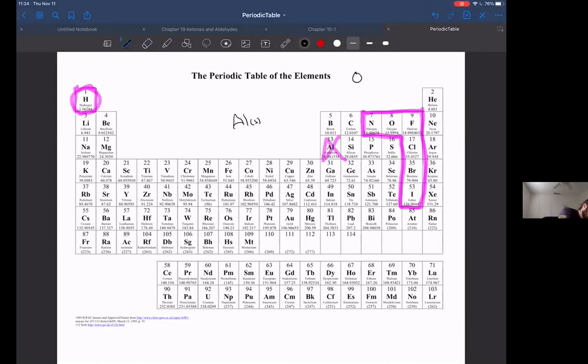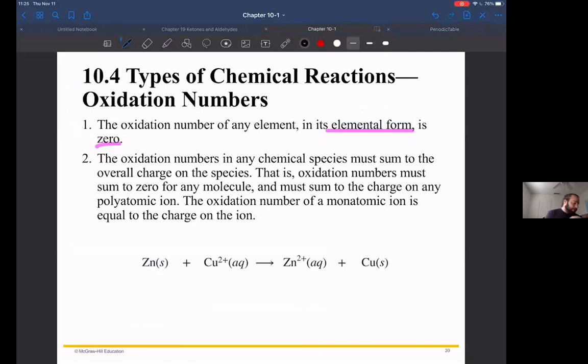So oxygen would be O2 gas. That's the elemental form for oxygen. So this is what we mean by the elemental form. Basically, when you find the element all by itself, that is it in its elemental form. So if you have an element that's in its elemental form, its oxidation number is 0.